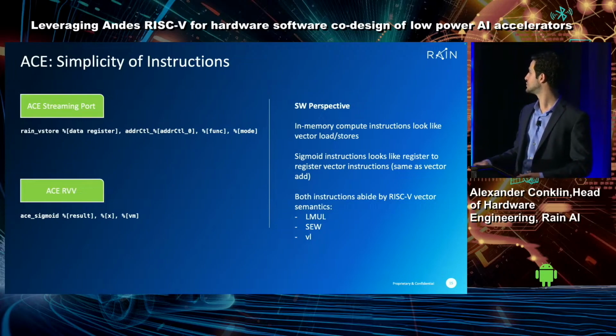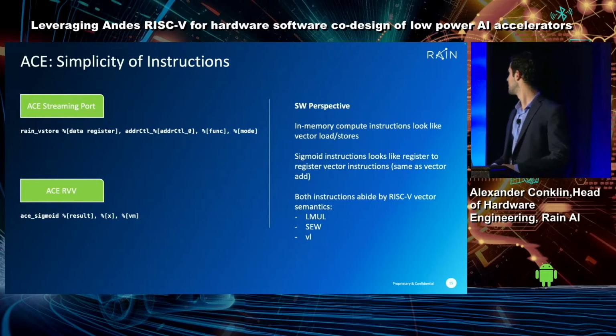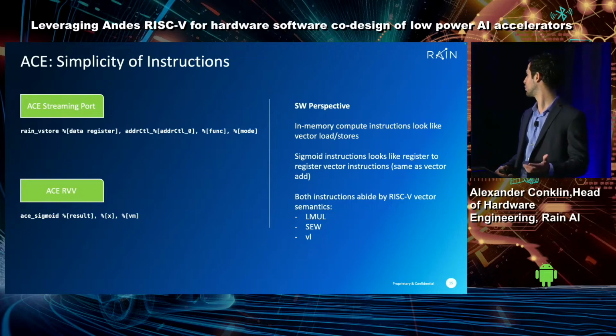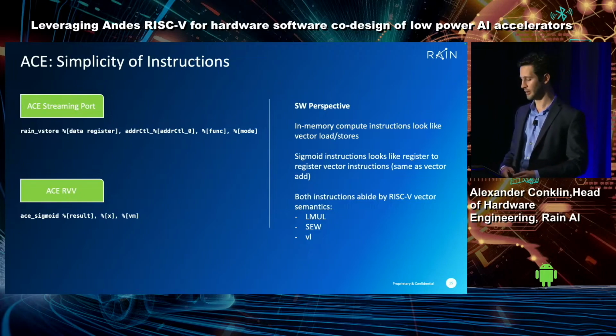And our ACE RVV instruction, ACE sigmoid, again, looks like a vector instruction. It looks like a register vector instruction. Both instructions abide by the RISC-V semantics of eleml, your element width, and you can even go beyond this and inherit support for masking and other features. And this is really nice.